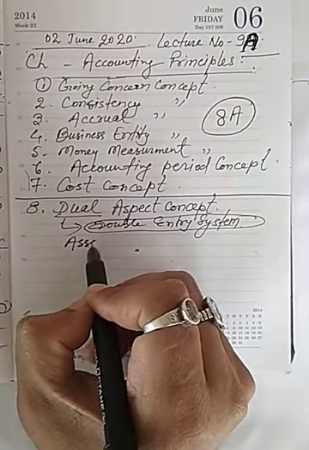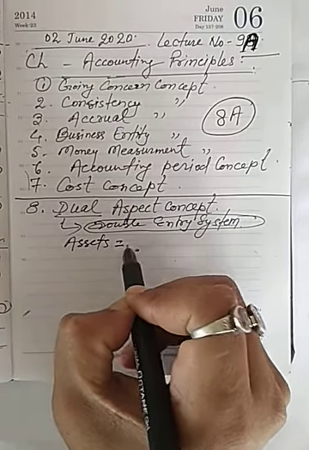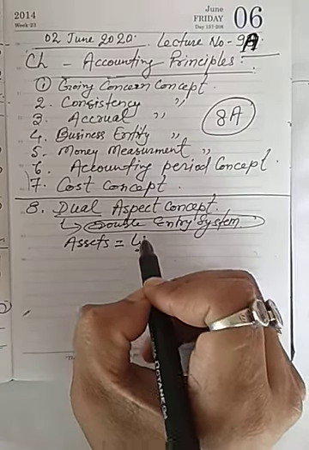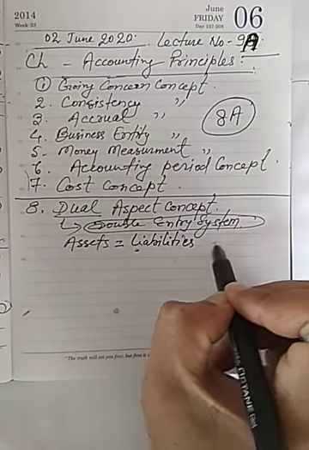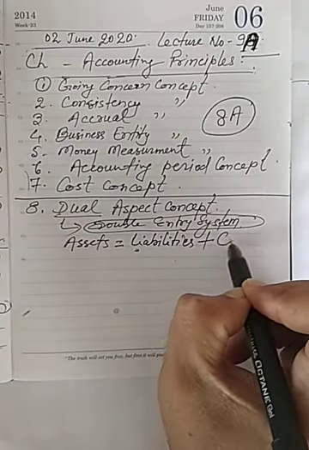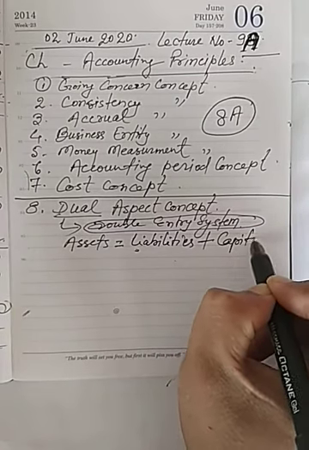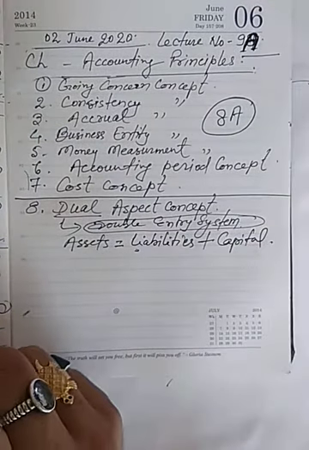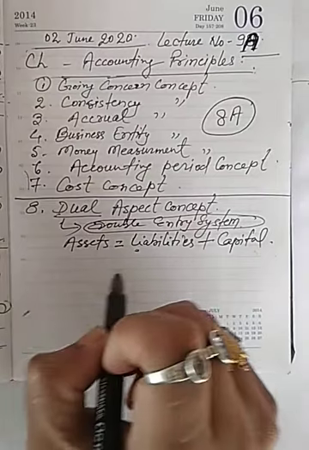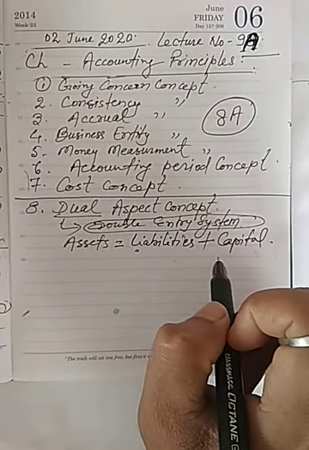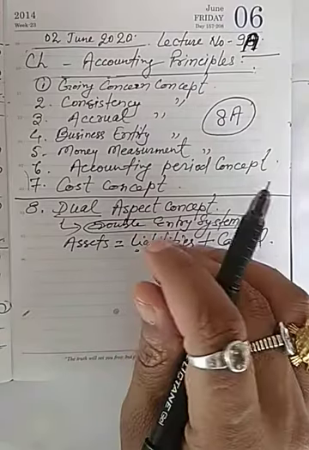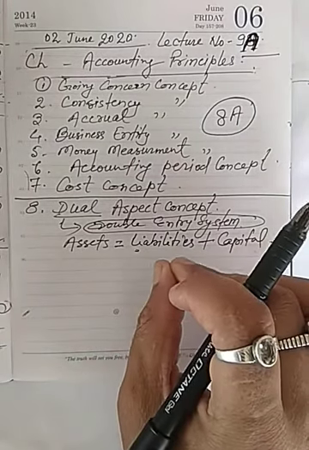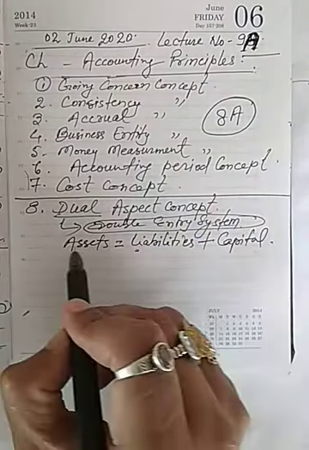Assets equal to liabilities plus capital. Whenever a transaction is to be recorded, it has to be recorded in two or more accounts to balance the equation.